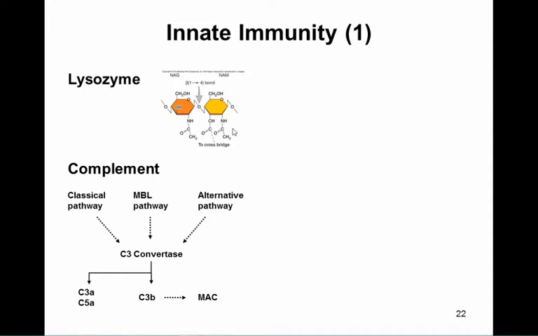How is it activated? Well, the classical pathway, this is antibodies. The mannan-binding lectin, a kind of innate immune receptor, will recognize glycosylated structures on the outside of the bacterial cell, and it will activate complement.